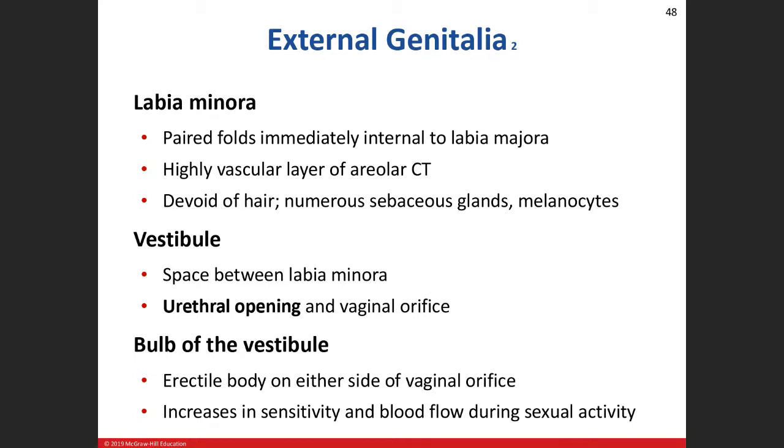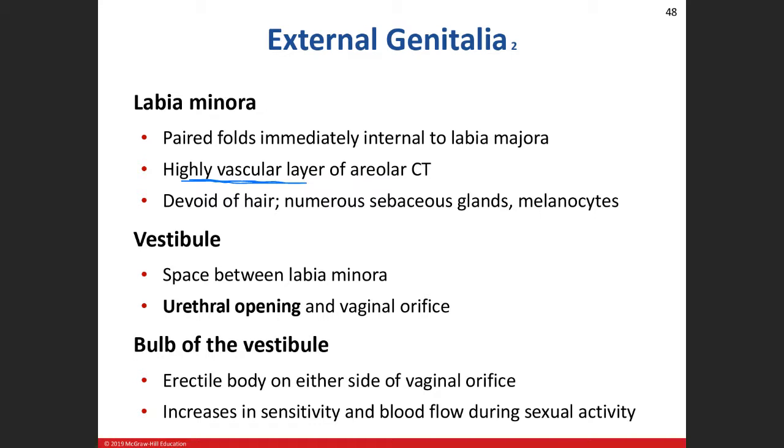More towards the medial portion to the labia majora, you have the labia minora here. Now this area is highly vascularized, and you'll see during intercourse, this area gets engorged with blood, and we'll talk about some of the other structures that do.